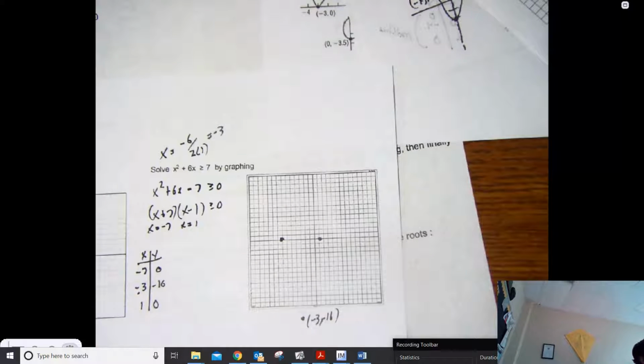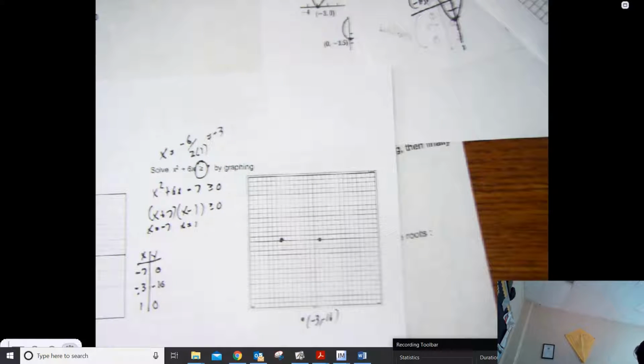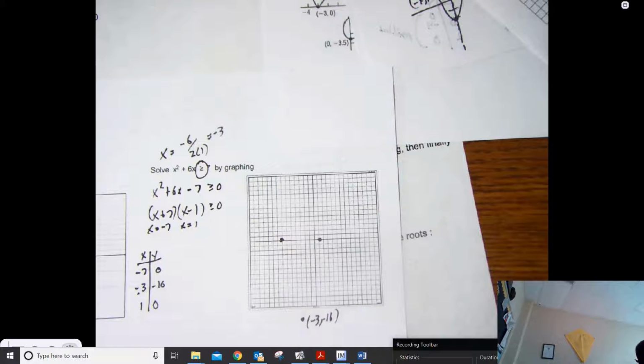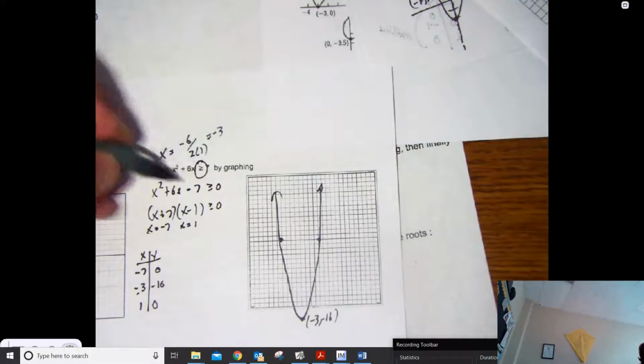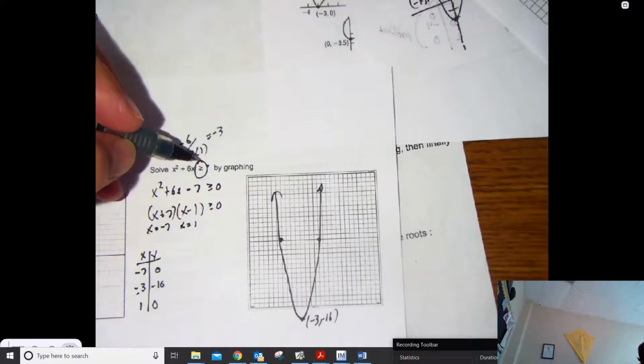All right, talk about shading. Solid or dashed? Solid. Solid. Now, here's kind of the thing here.